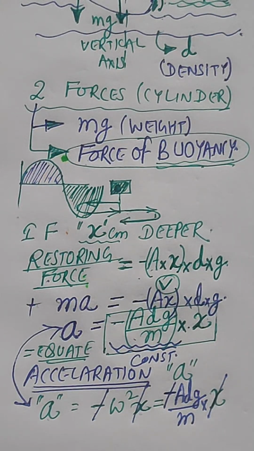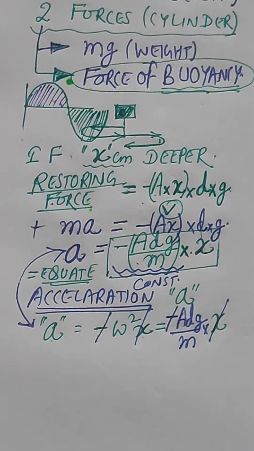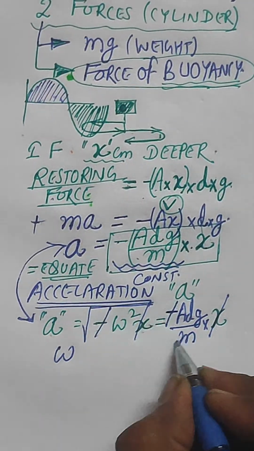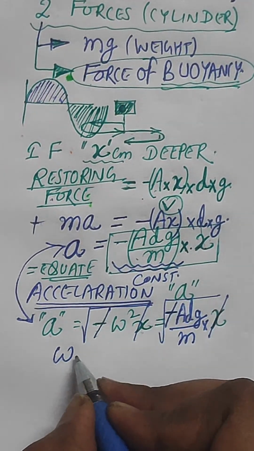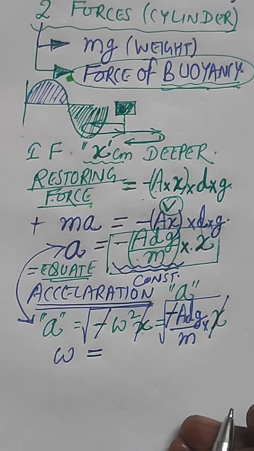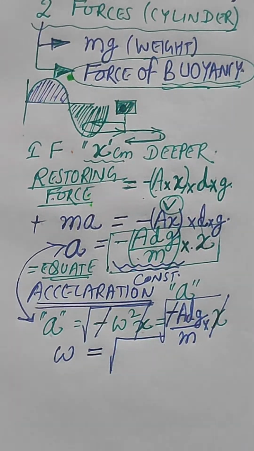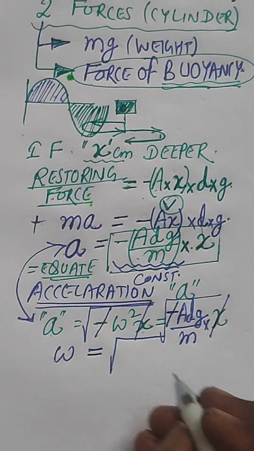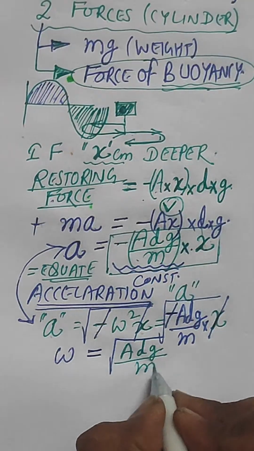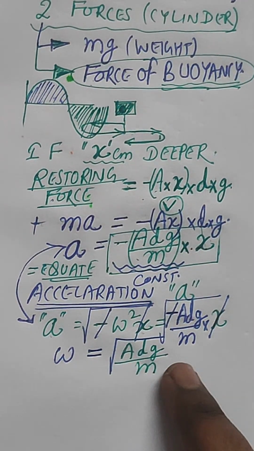When you apply root on both sides, the angular velocity omega is equal to root over of ADG divided by M. So this will be the omega.